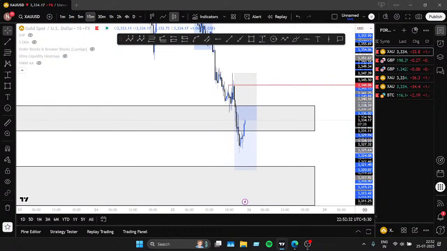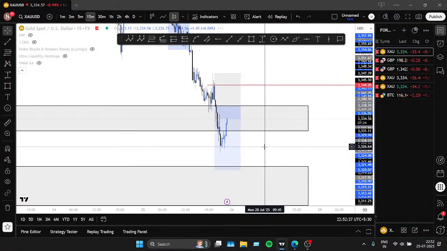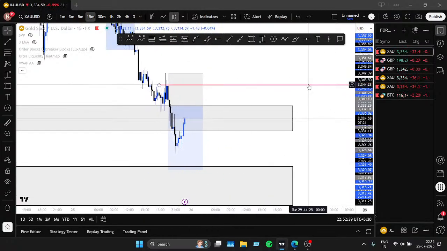Looks like after a huge dump in the market, BTC is giving us a pullback. Surprising, right?